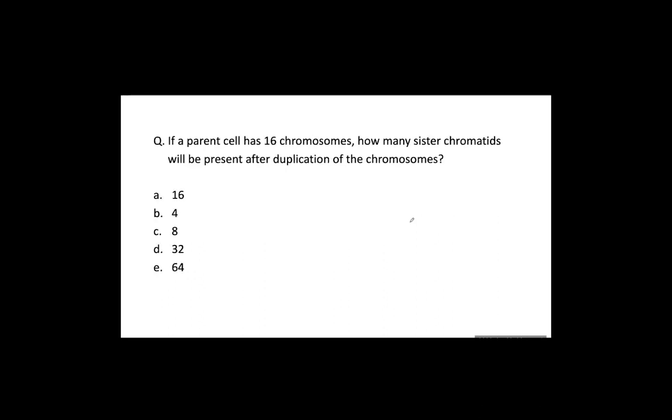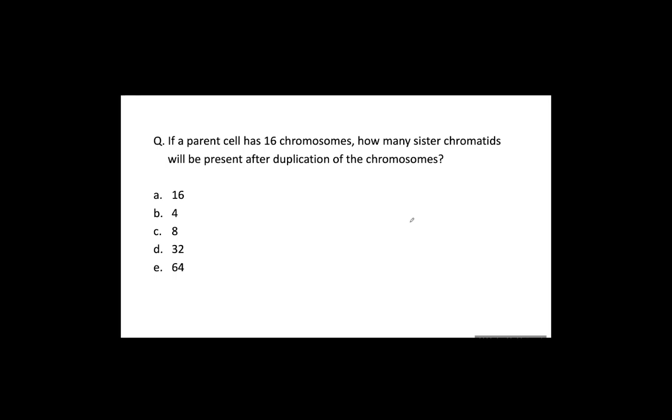So think about this. A parent cell has 16 chromosomes. How many sister chromatids will be present after duplication of the chromosome? This question is different from a question asking, if a parent cell has 16 chromosomes, how many chromosomes will be present after duplication of the chromosome?